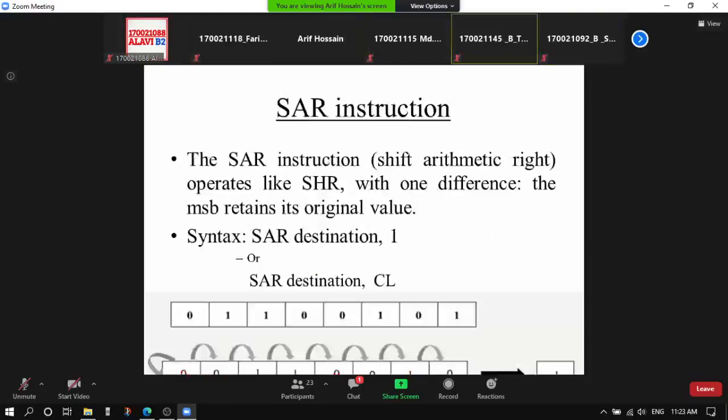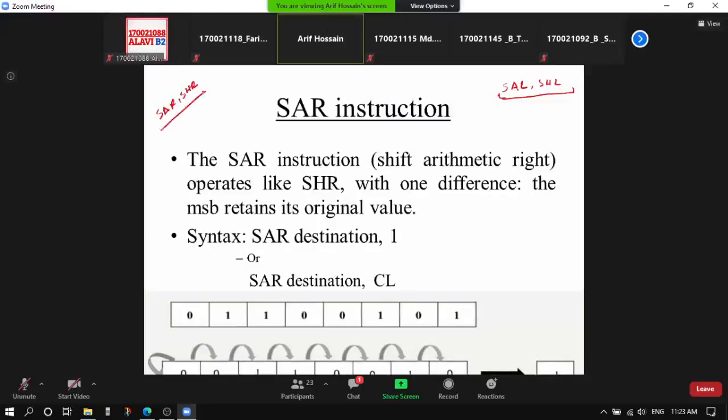Now see, there is a slight difference now. This is your shift arithmetic right, but there is a slight difference with shift arithmetic left. If you remember, your shift arithmetic left and shift left were both the same thing, but this is not the case for shift arithmetic right and SHR, shift right. This is not the same thing.